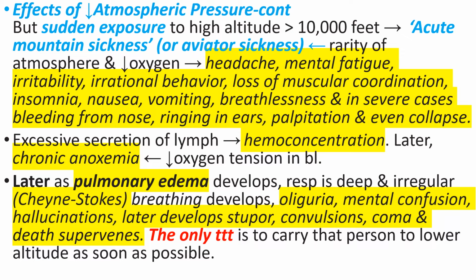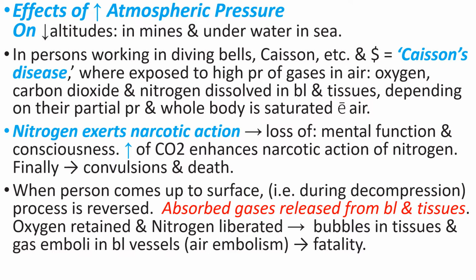Oliguria, mental confusion, hallucinations, later develops stupor, convulsions, coma, and finally death. The only treatment is to carry that person to a lower altitude as soon as possible. Effects of increased atmospheric pressure.